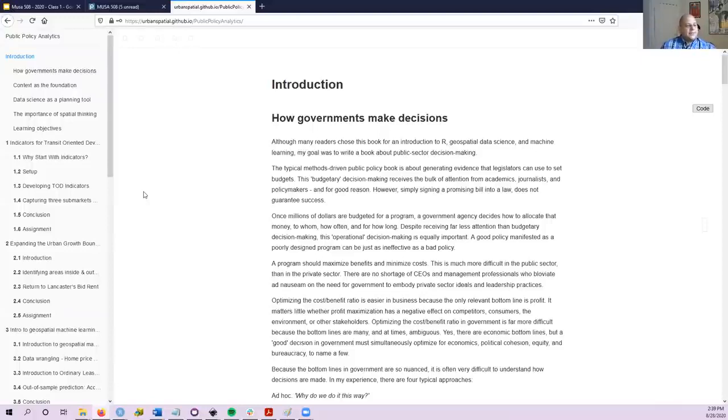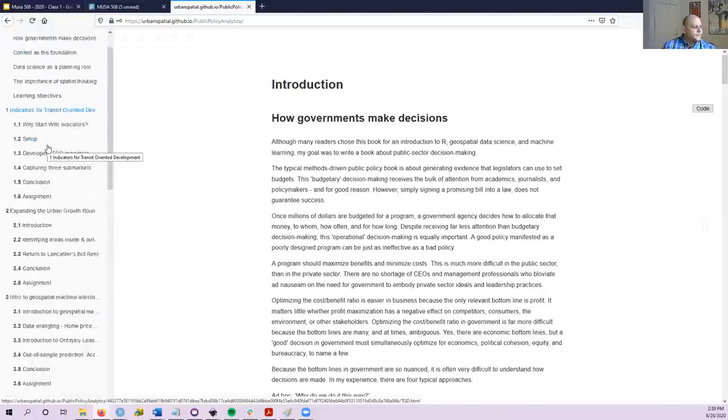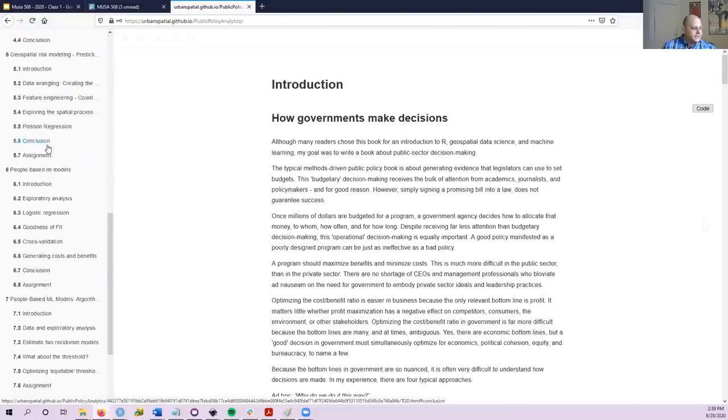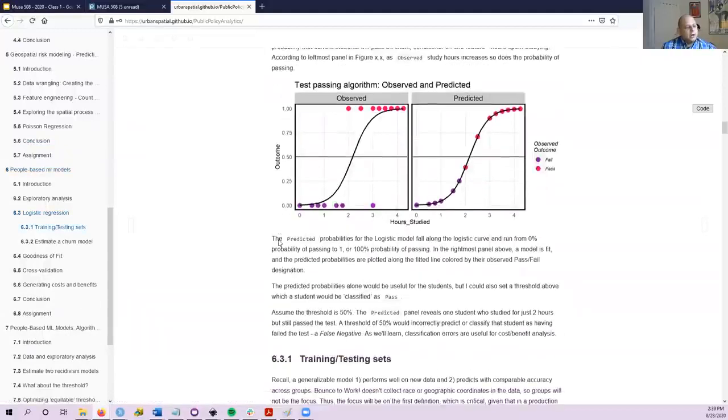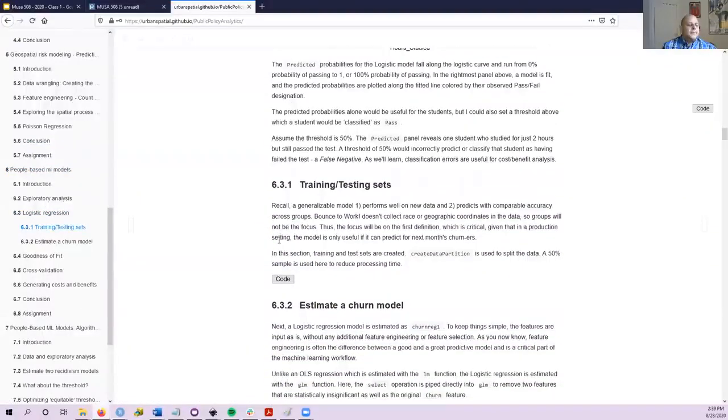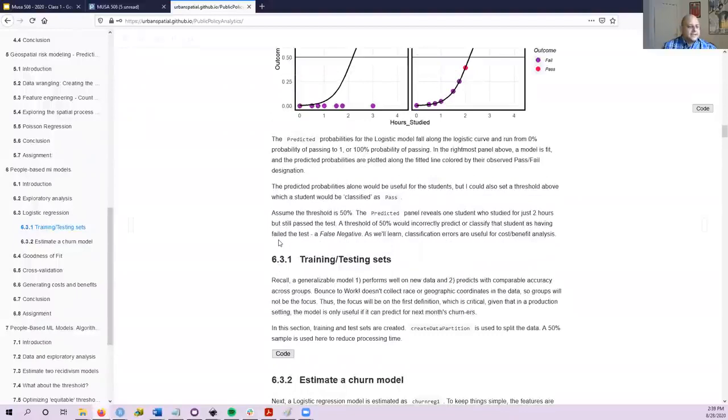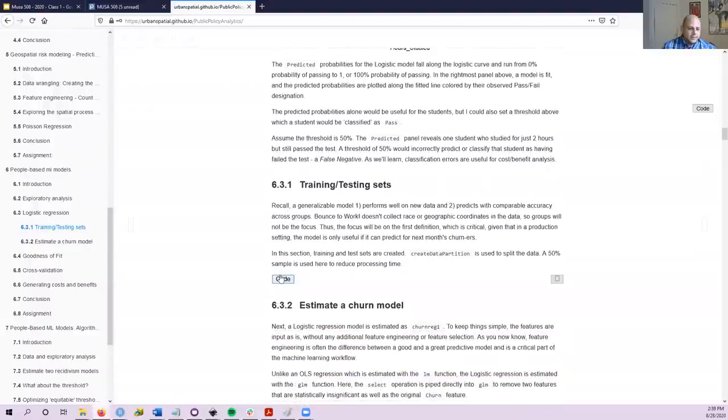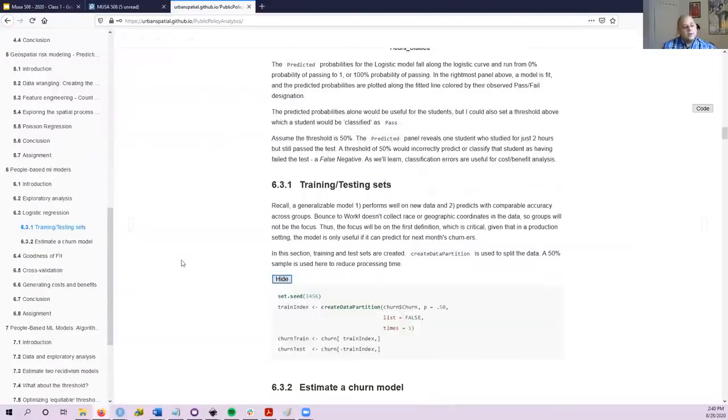So this first chapter is the introduction. I ask that you read this for next week. There are the other 8 chapters that you can see here. All of the text is there, all of the data visualizations are there, but most importantly, all of the code is there.